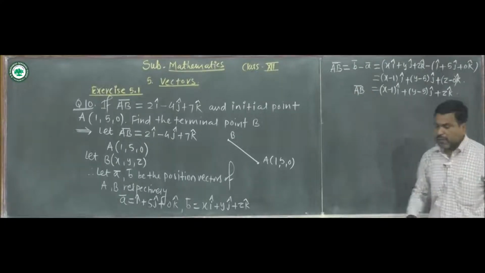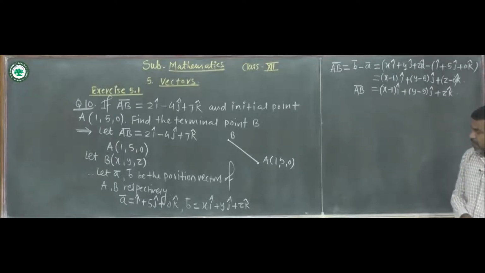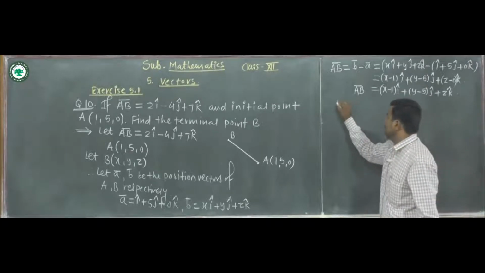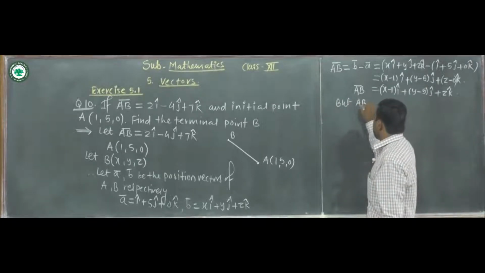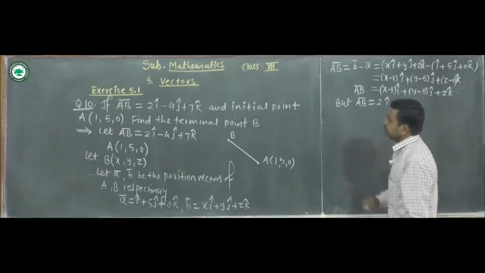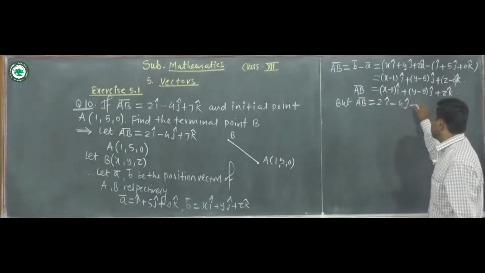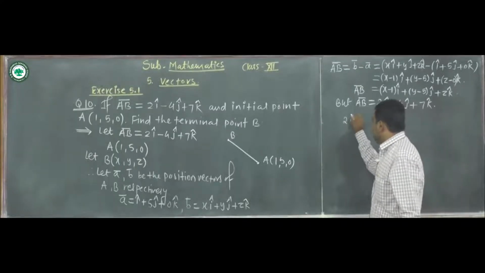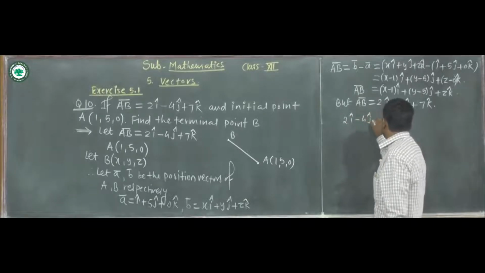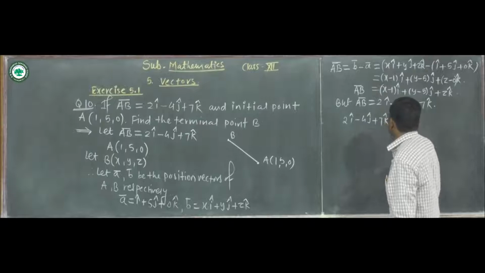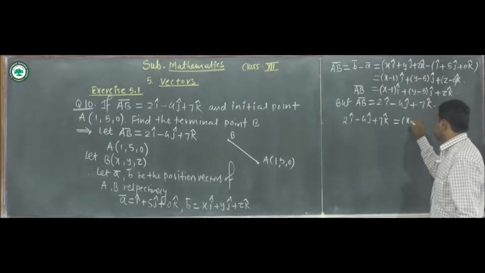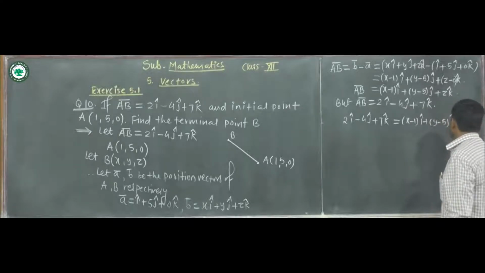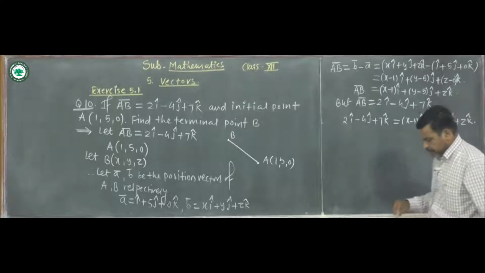This is your AB bar, but AB bar is given to be 2i cap minus 4j cap plus 7k cap. Therefore 2i cap minus 4j cap plus 7k cap is equal to x minus 1 into i cap plus y minus 5 into j cap plus z into k cap.